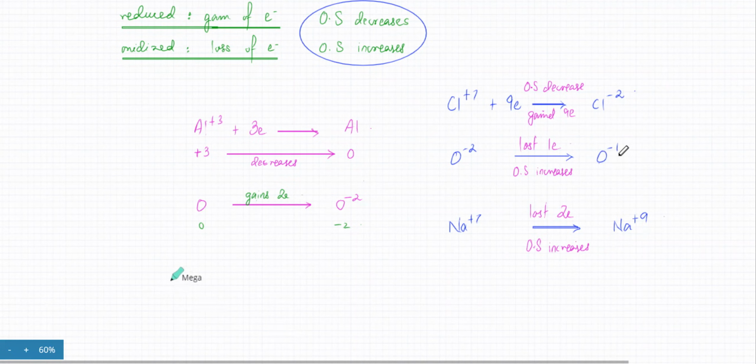For example, let's take a reaction: I have copper 2 plus, and it reacts with Fe2 plus, and as a result, copper is formed and Fe3 plus is formed.